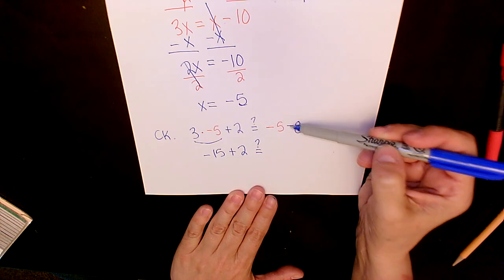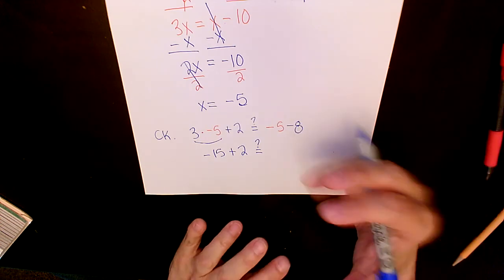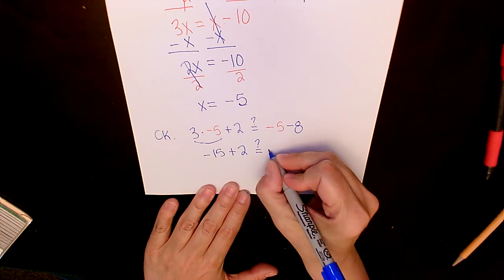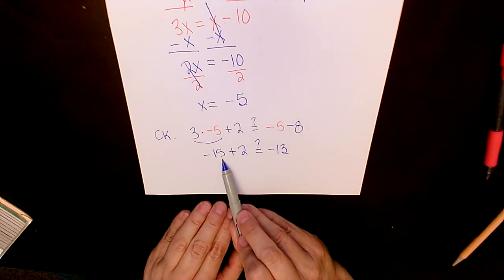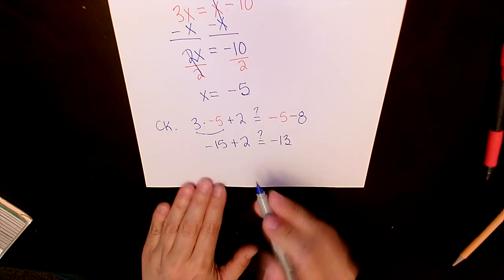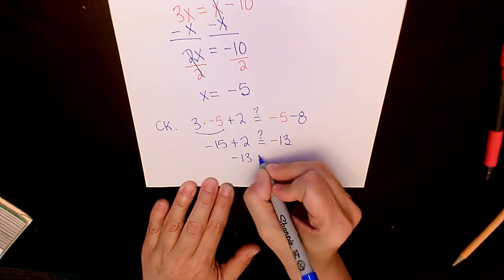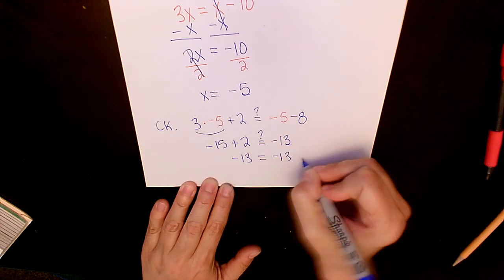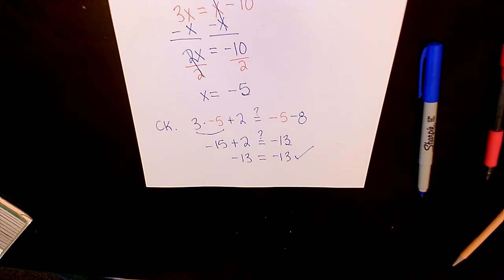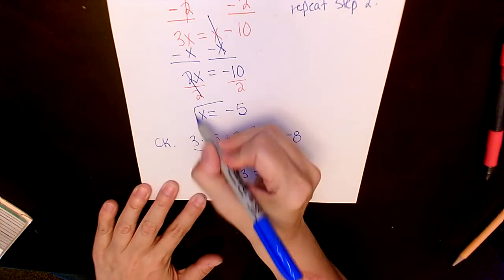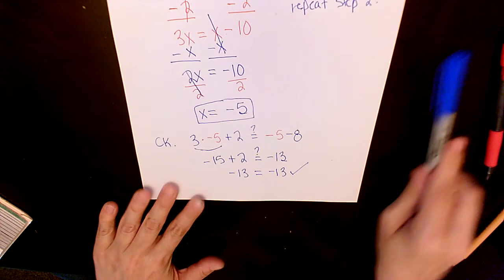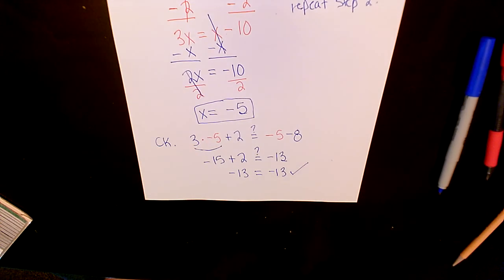Negative 5 and negative 8, we want to add them together. That's negative 13. Negative 15 plus 2 is negative 13. So negative 13 does equal negative 13. So that does work, it does check. So x does equal negative 5.